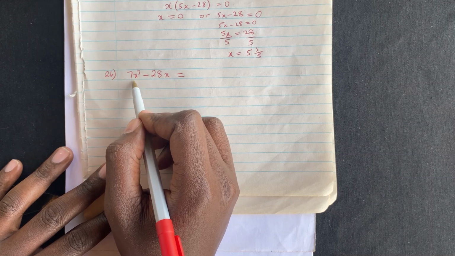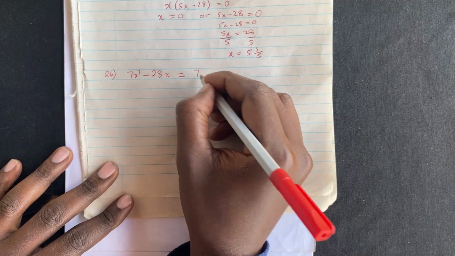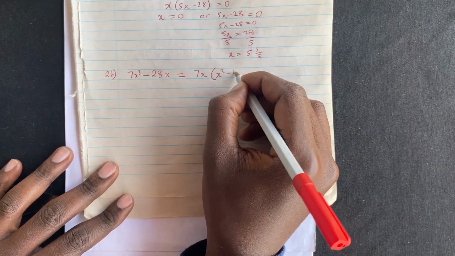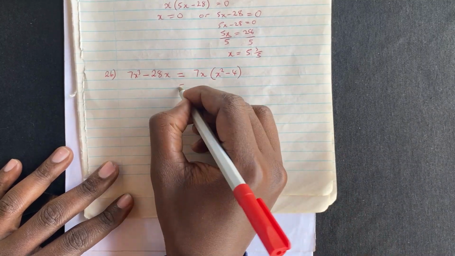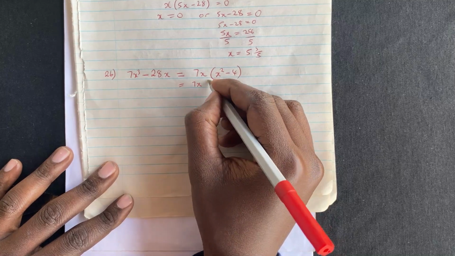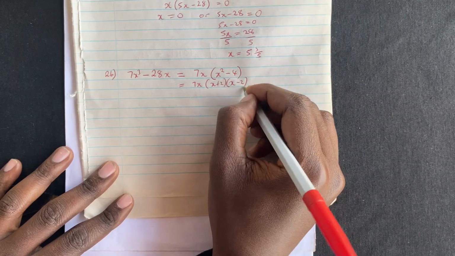So the highest common factor of 7x cubed and 28x, that is 7x. And then here we are left with x squared minus 4, then I'm going to have 7x. So here this is the difference of two squares, so it then becomes 7x multiplied by x plus 2 multiplied by x minus 2.